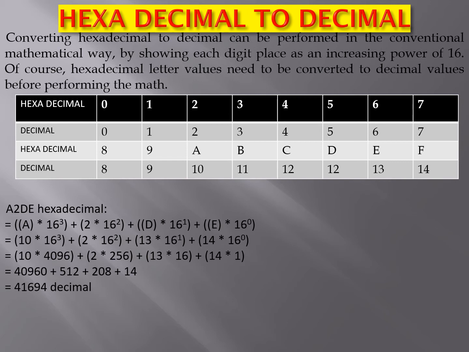That is 10 into 16 power of 3 plus 2 into 16 power of 2 plus 13 into 16 power of 1 plus 14 into 16 power of 0, which is equal to 10 into 4096 plus 2 into 256 plus 13 into 16 plus 14 into 1, that is equal to 40,960 plus 512 plus 208 plus 14, which is equal to 41,694 decimal.